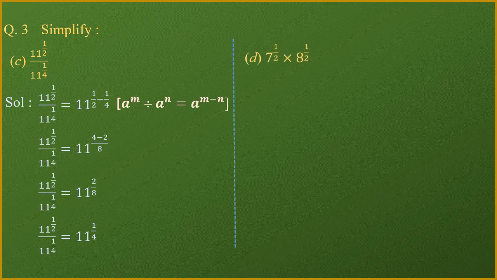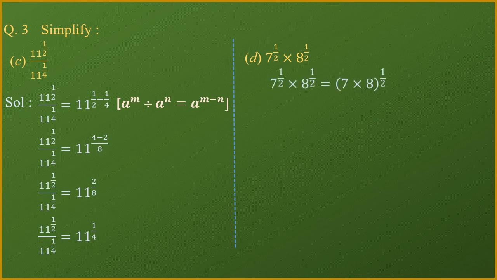Now in the last part we have given 7 to the power 1 by 2 into 8 to the power 1 by 2. Here two different terms are given. Different means their bases are different, but the power of both the terms is same. So you know that if two terms are given with different bases and the same power, normally we multiply their bases and write the power whole over them.